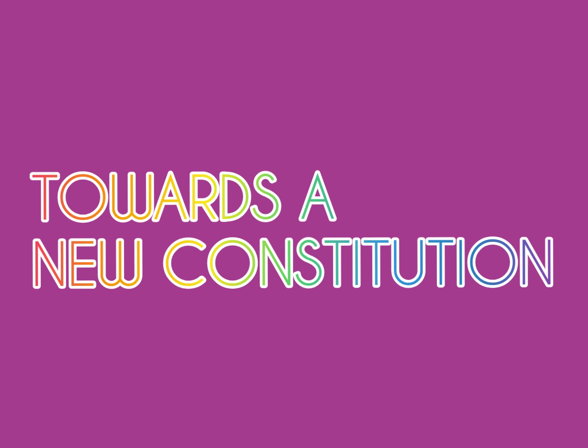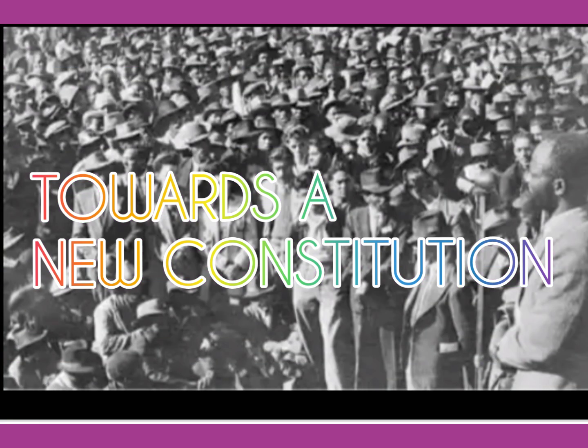Let's move on to a new subtopic: towards a new constitution. As the protest and struggle against apartheid had increased, the white government realized that they could no longer keep the blacks under their control. So, the white regime, that is the white government, changed its policies.